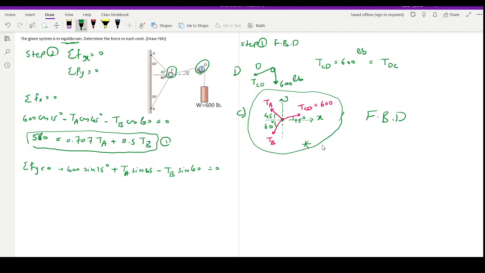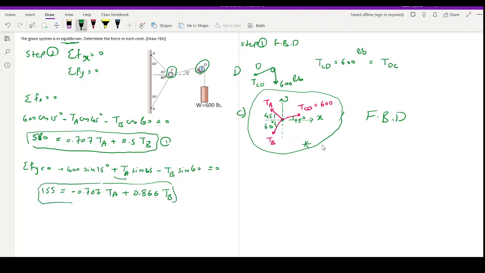Again, I will keep 600 sine 15 on the left side and move these two to the right side. So 600 sine 15 is 155, equal to, this is positive, this will become negative, so negative 0.707 TA plus 0.866 TB, since sine 60 degrees is 0.866. Now this is my second equation.